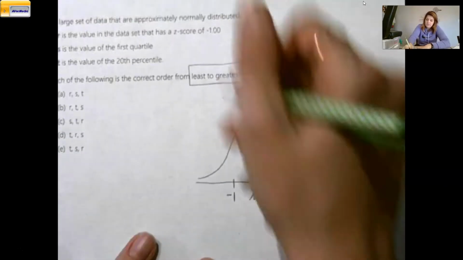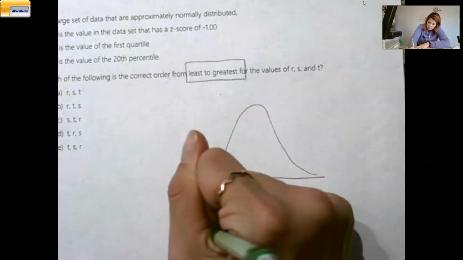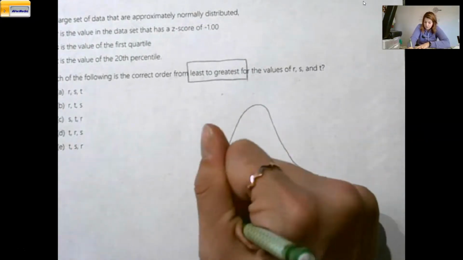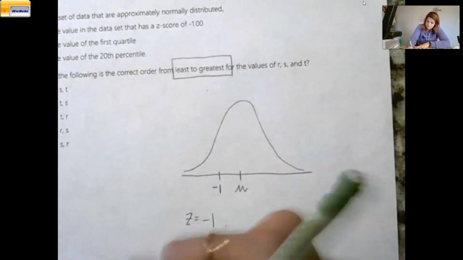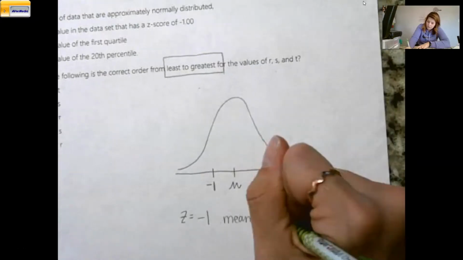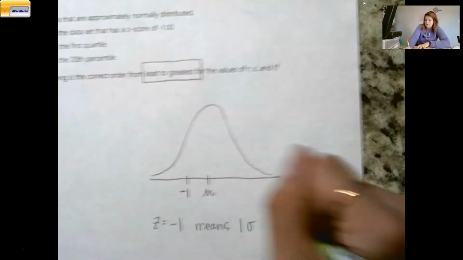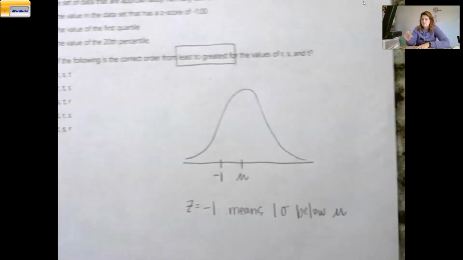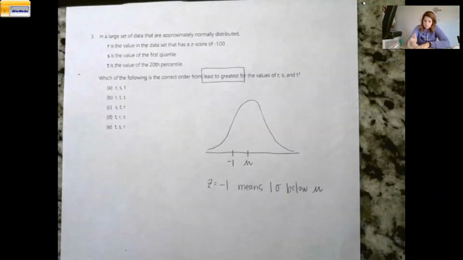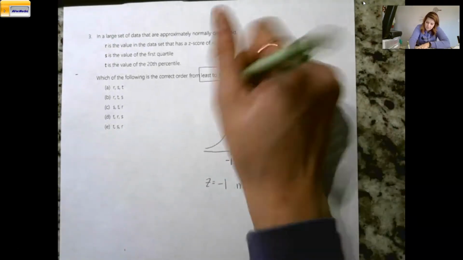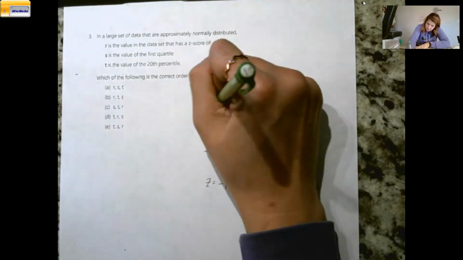So this z-score, z equals -1, means 1 sigma below mu. Okay, well, if I add up the percent for that, so this is z equals -1.